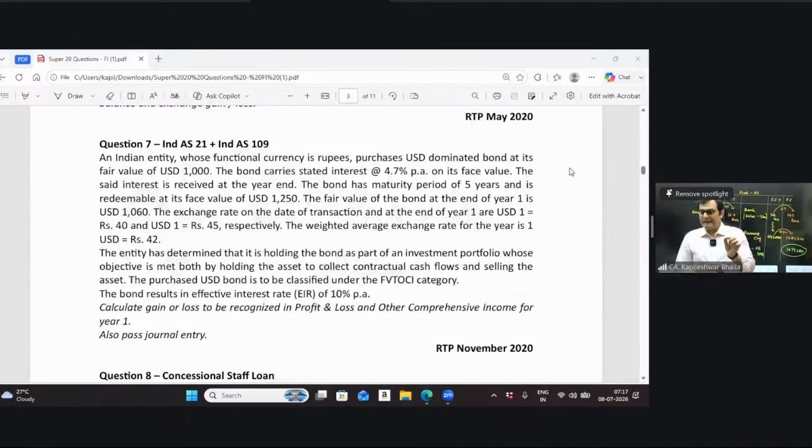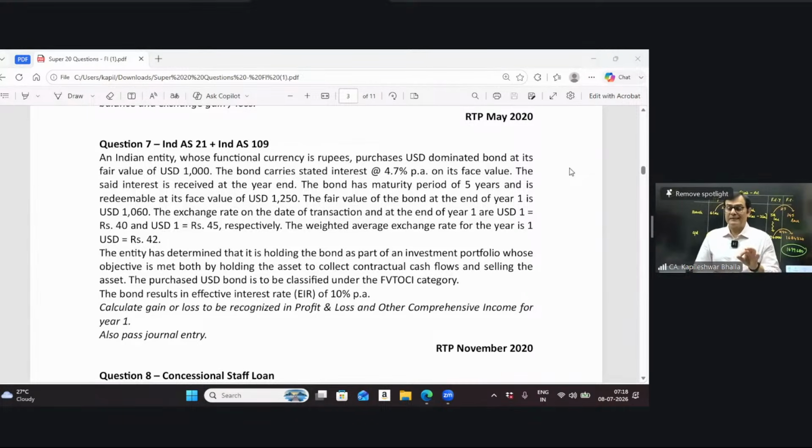It says an entity, that is Indian entity, whose functional currency is rupees, purchases. Now, this time we've got a financial asset. Last time the company had issued, it was a financial liability, but this is supposed to be a purchase, a financial asset. Denominated in USD, which is $1,000 fair value.